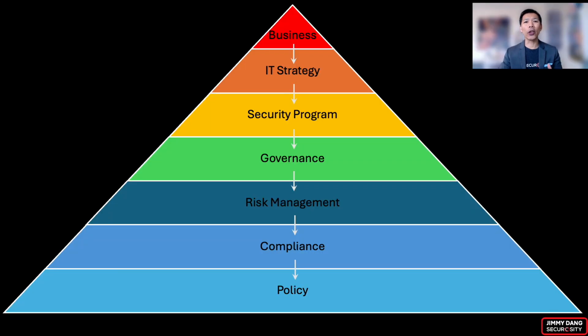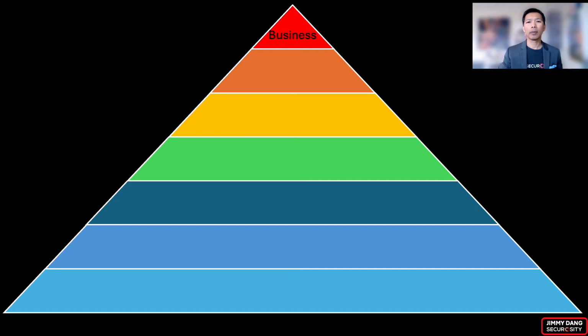So what we're looking at here is the hierarchical pyramid model that aligns business objectives with IT strategies and security measures, creating a cohesive framework working together to support the overall goals of the business. So let's dig deeper into each of these layers of the pyramid. Let's dig into the top of the pyramid, which is the business layer.